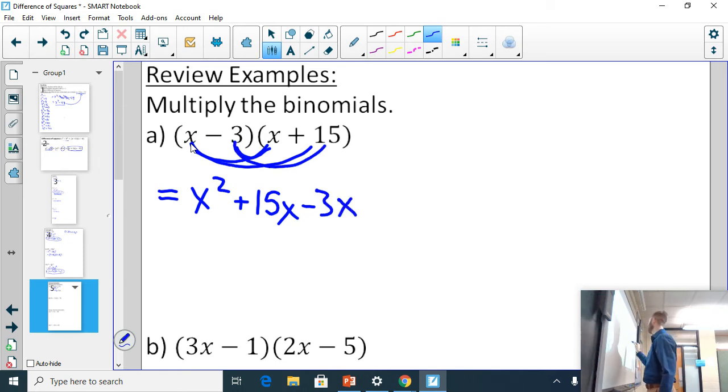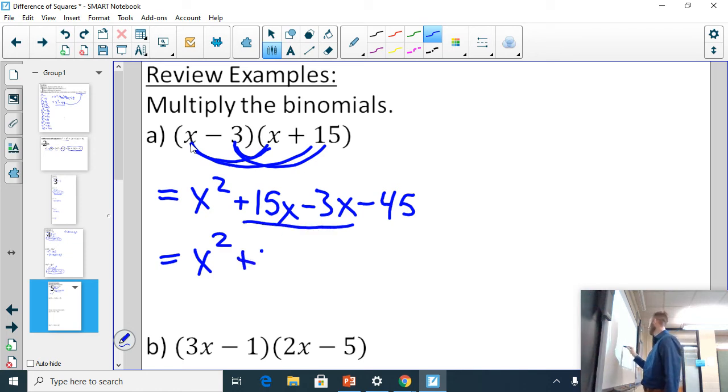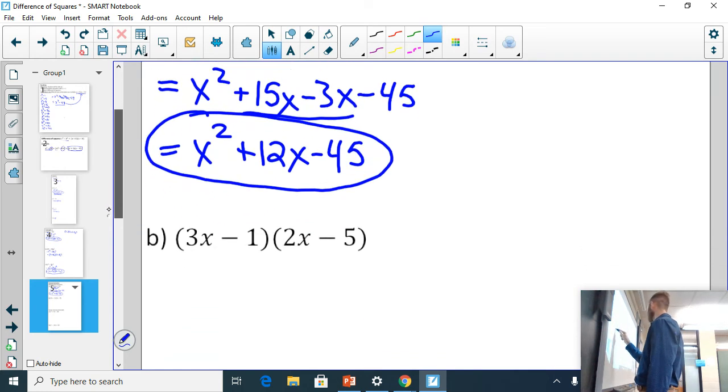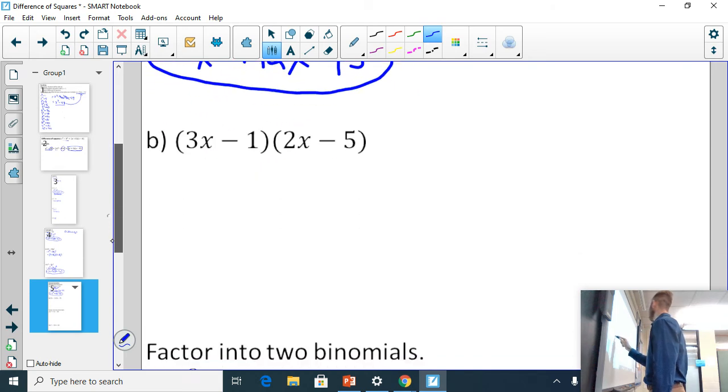Negative 3 times 15 is minus 45. And then x squared, and then we have two like terms. 15x minus 3x is going to be positive 12x. And then we still have minus 45. And that is our answer.